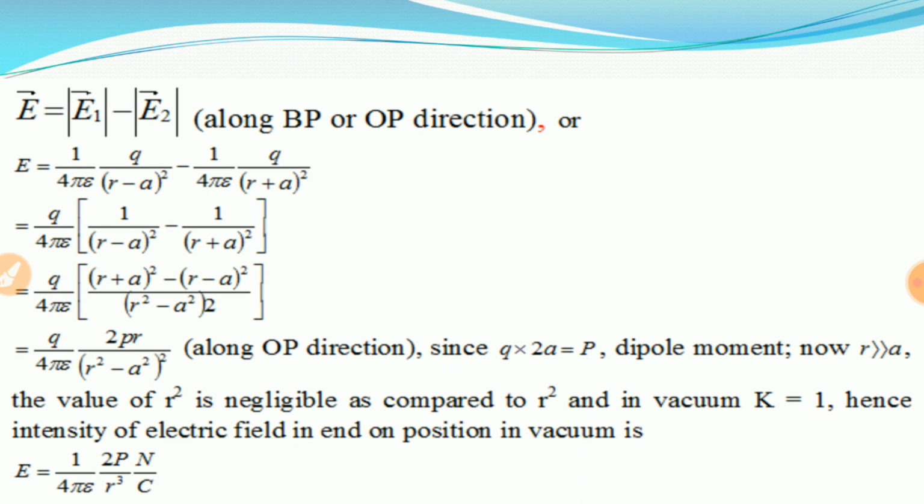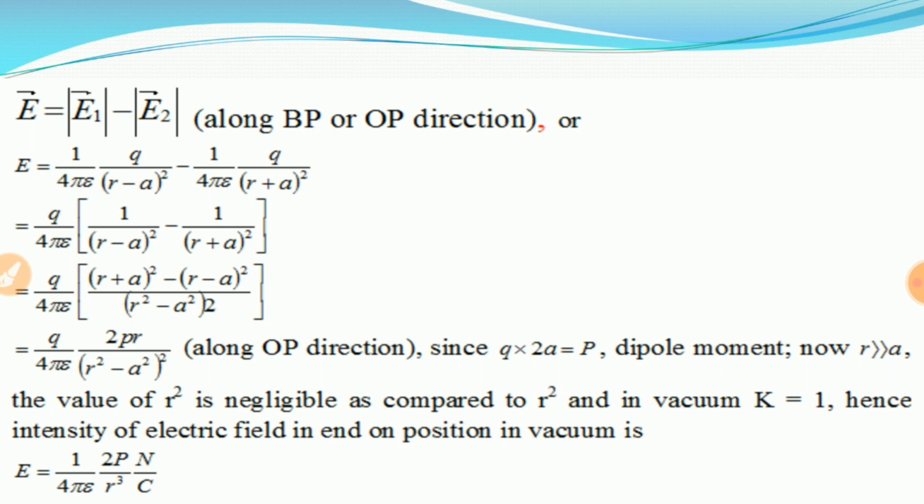Putting in the values of E1 and E2, we get E equals 1 upon 4 pi epsilon q upon (r minus a) whole square minus 1 upon 4 pi epsilon q upon (r plus a) whole square. So E equals q upon 4 pi epsilon times the bracket 1 upon (r minus a) whole square minus 1 upon (r plus a) whole square.